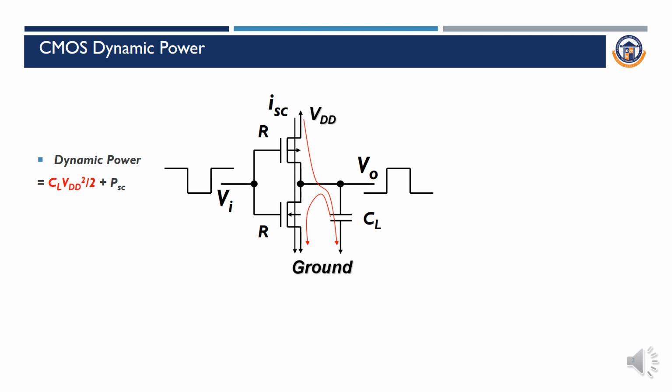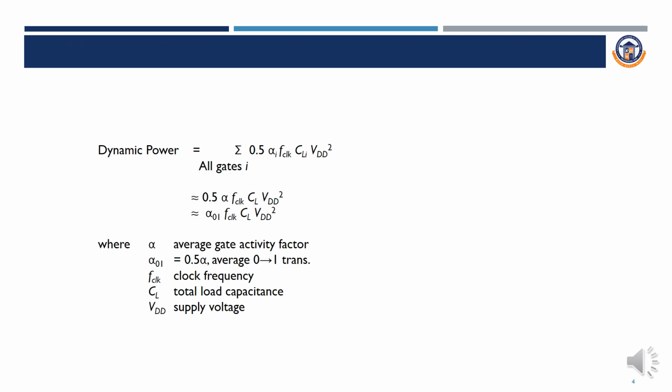This will create the short circuit, and due to the charging and discharging of the capacitor, power is also dissipated. We can conclude by the formula CL times VDD square by 2, where CL is the load capacitor and VDD is the power supply. This is the dynamic power for the signal transition.